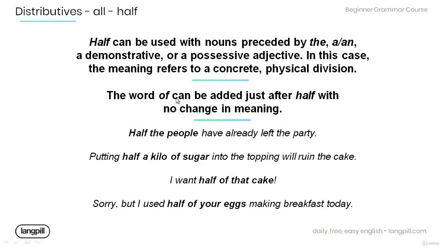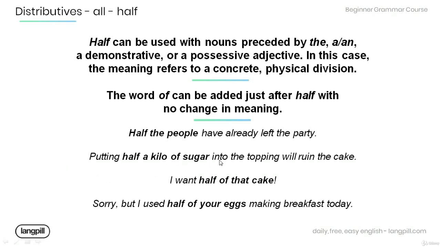Note that the word of can be added just after half with no change in meaning. Let's have a look at the following examples. Half the people have already left the party, meaning that if 50 people were at the party, 25 of them have left the party.